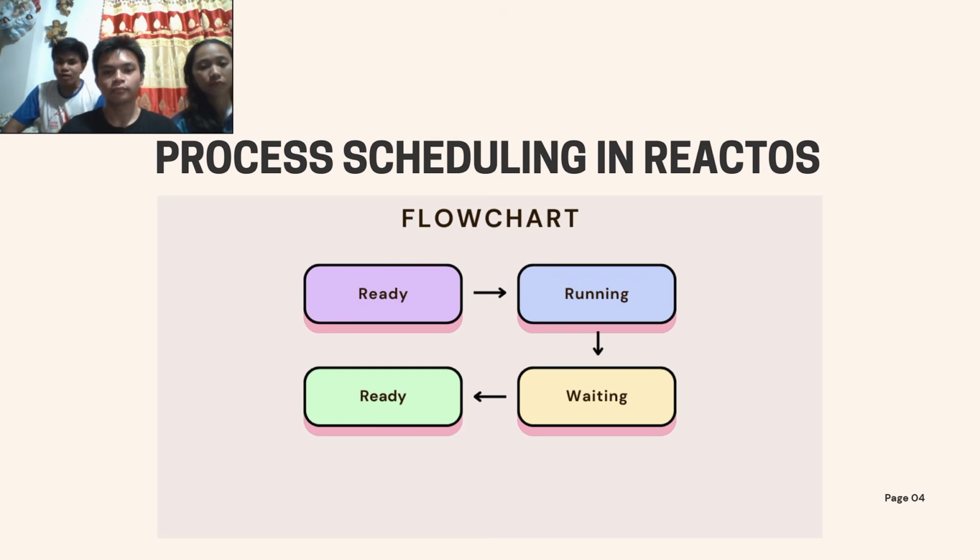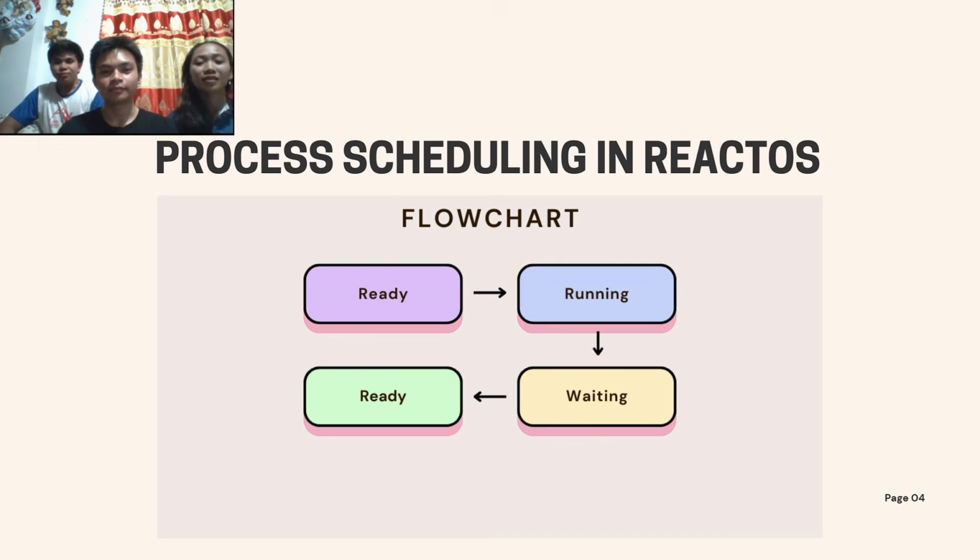If two threads have the same priority, ReactOS uses round-robin scheduling, letting them take turns using the CPU. To make sure no thread gets ignored forever, the OS can temporarily boost the priority of waiting threads to avoid starvation.